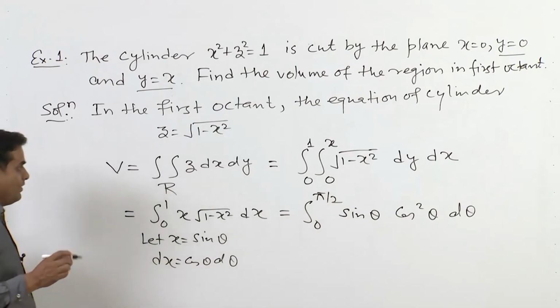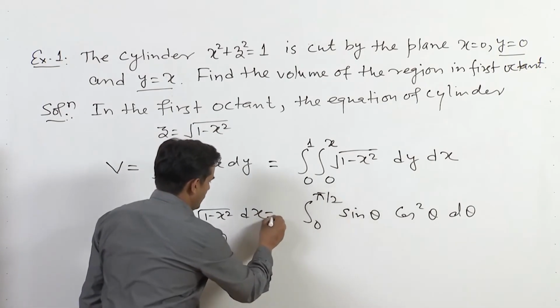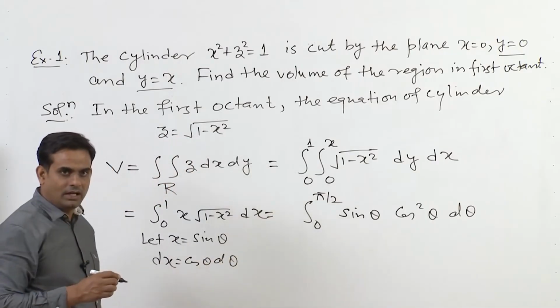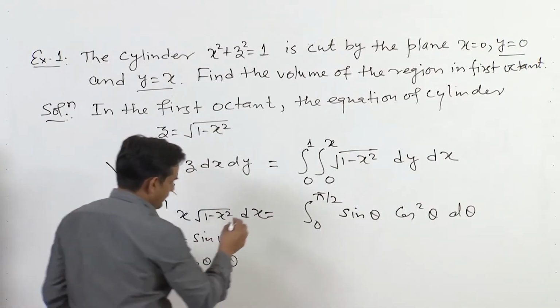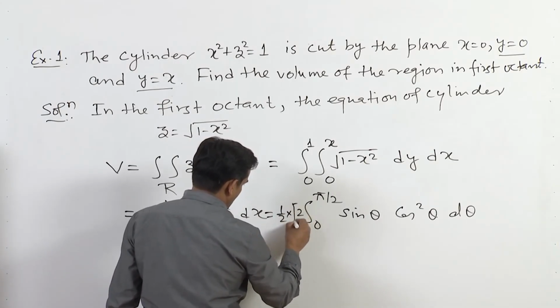Okay. So, now I will show you that for solving this we can use the definition of beta and gamma functions. This I can write as 1 by 2 into 2 times this one.